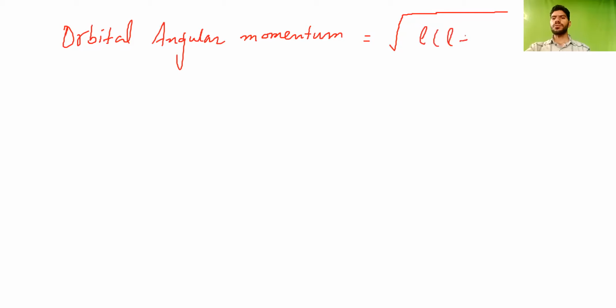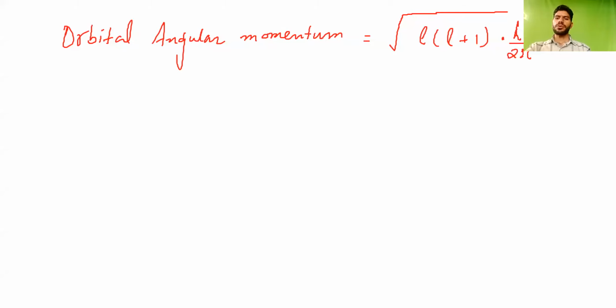So how is orbital angular momentum calculated? It is calculated by the formula square root of L into L plus 1, into h upon 2 pi.